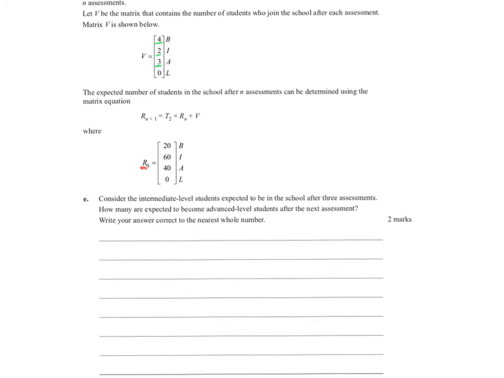So what it wants us to do is just look at intermediate level students that are in the school after 3 assessments. So what we've got to do is find, they've changed it from S, it's R, R3, to work out this number of intermediate level students.